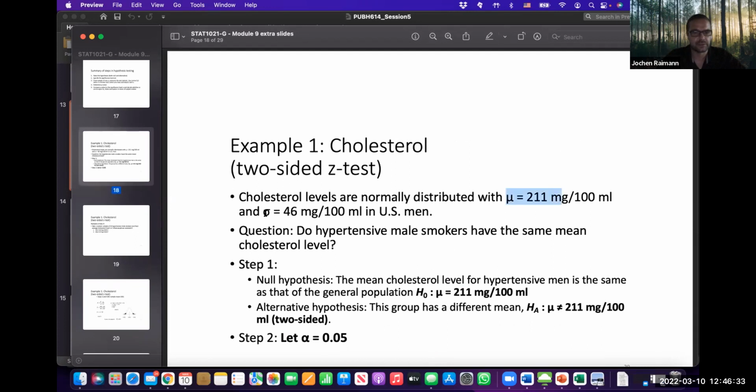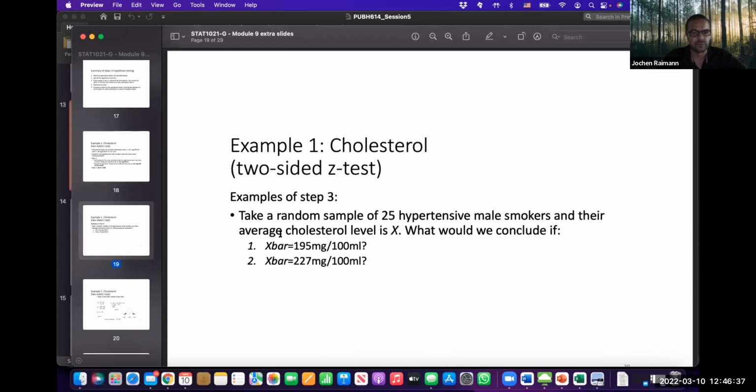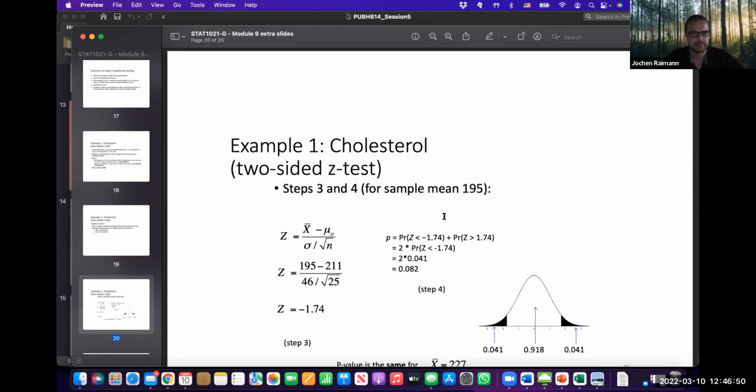We have a standard deviation given as 46 milligrams per deciliter. If we take as a research question that we want to compare 195 to the population mean, we essentially do that now, with 211 as the population mean and 46 as the standard deviation.